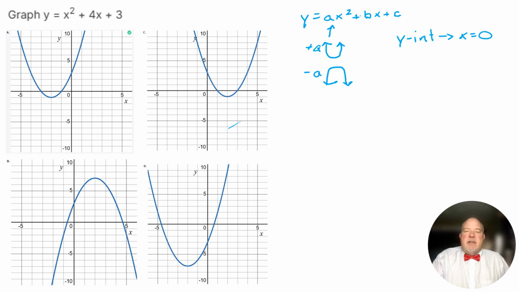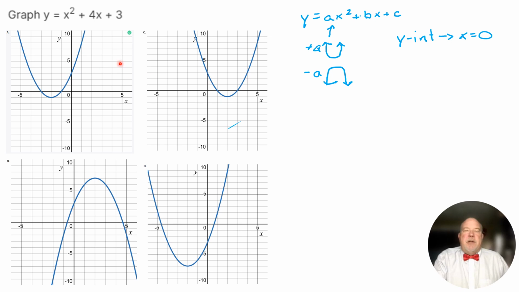If I plug in 0 for x here, these terms would be 0 and they'd go away, and what I'm left with is 3. That's the y-intercept. So now my answer is either A or C because D has a y-intercept of -3.